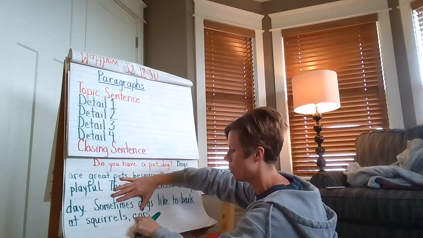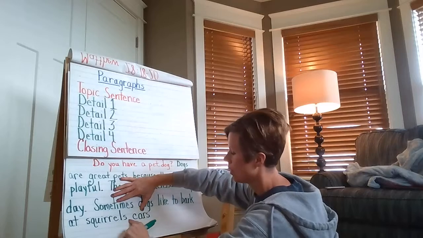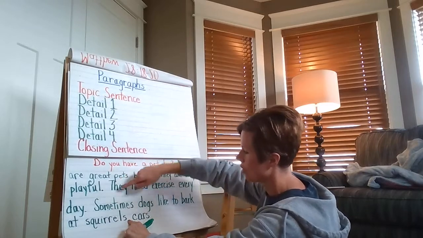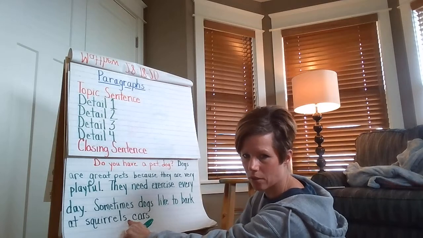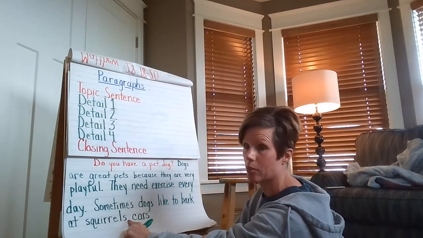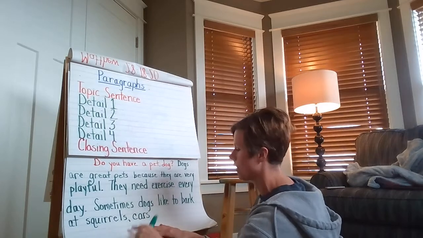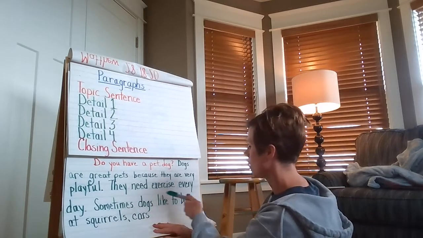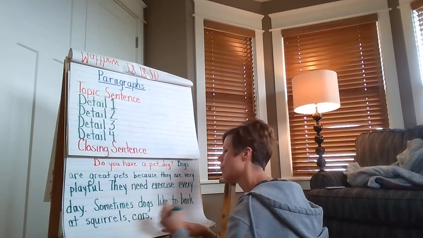Notice I put a comma because I'm making a list. Without the comma, you would have just said, sometimes dogs like to bark at squirrels' cars. Well, I guess there could be a toy squirrel car, but we need the comma there to separate it. Sometimes dogs like to bark at squirrels, cars.